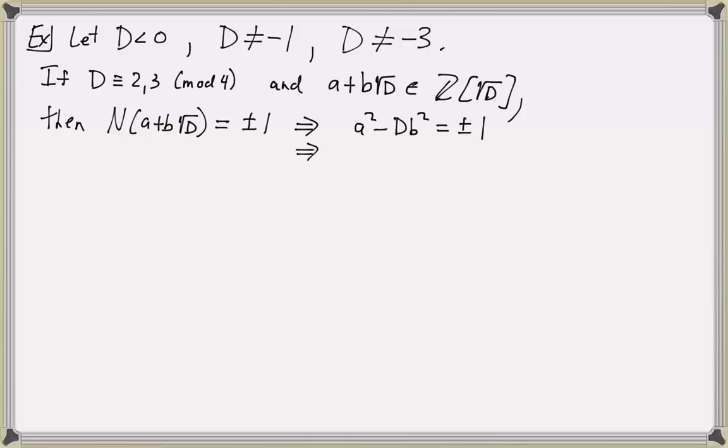But again, D is negative, so a squared minus capital D b squared is always going to be a non-negative integer. So this implies that a squared minus capital D b squared actually equals 1, since D is negative.